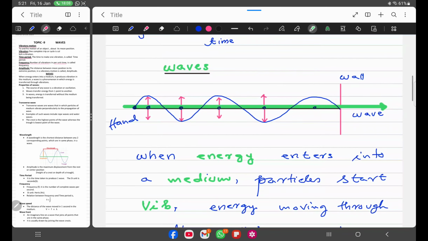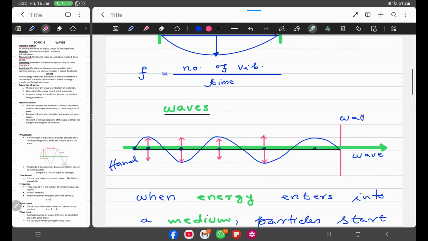Conversely, if particles vibrate parallel, then it is called a longitudinal wave. But right now, I am not going to explain longitudinal wave. When we study sound, I will explain it and show you some animation as well, because longitudinal wave is very difficult to express by a static picture. So right now we are confined only to transverse wave.